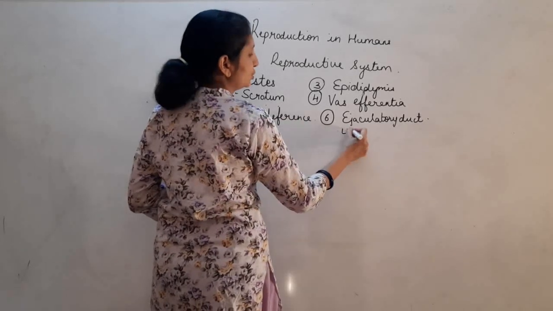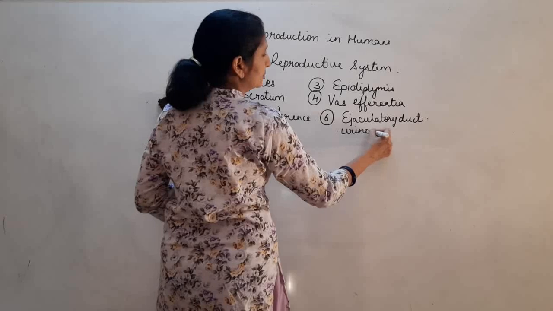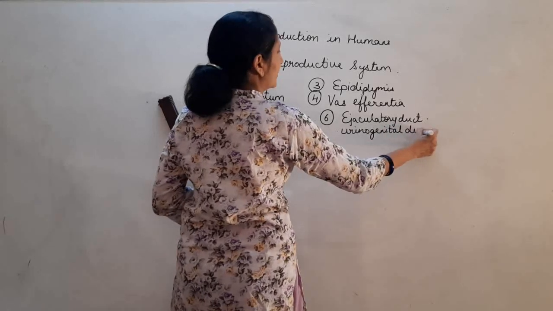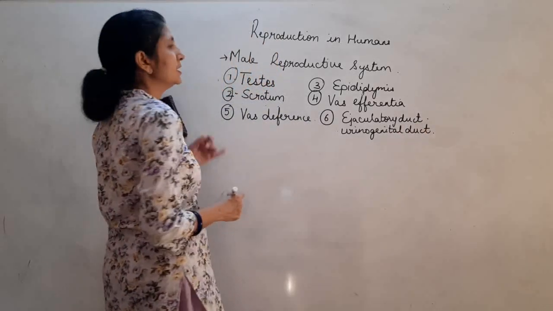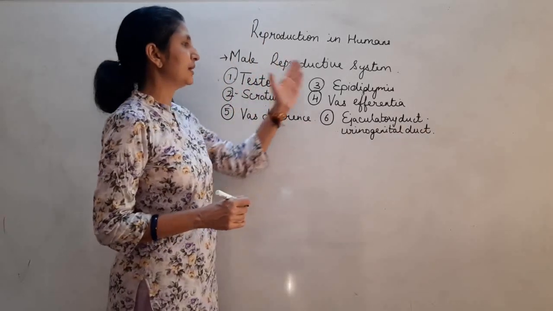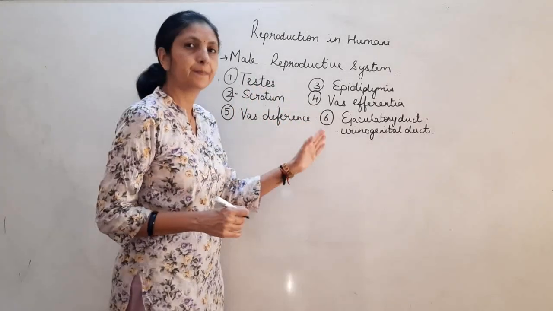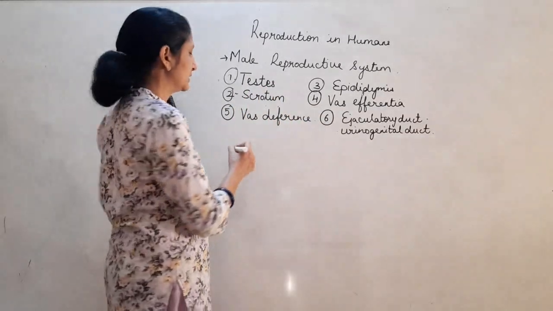I would be saying urinogenital duct also. The word ये भी यूज कर सकती हूँ इसके लिए. ठीक है. Testis, scrotum, epididymis, vas efferentia, vas deferens, ejaculatory duct, or urinogenital duct.